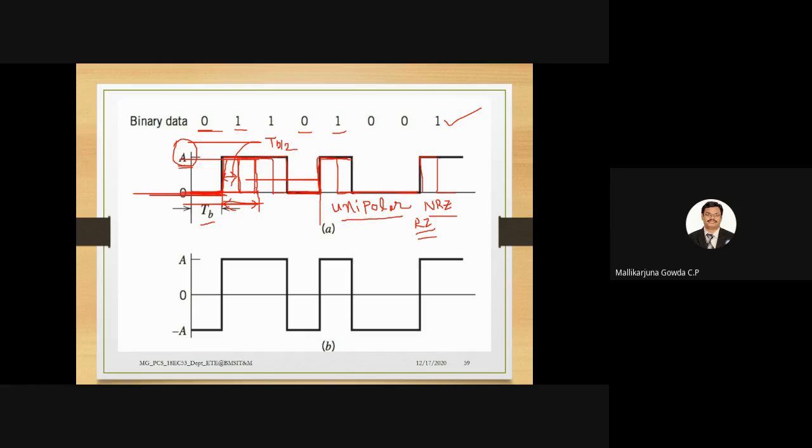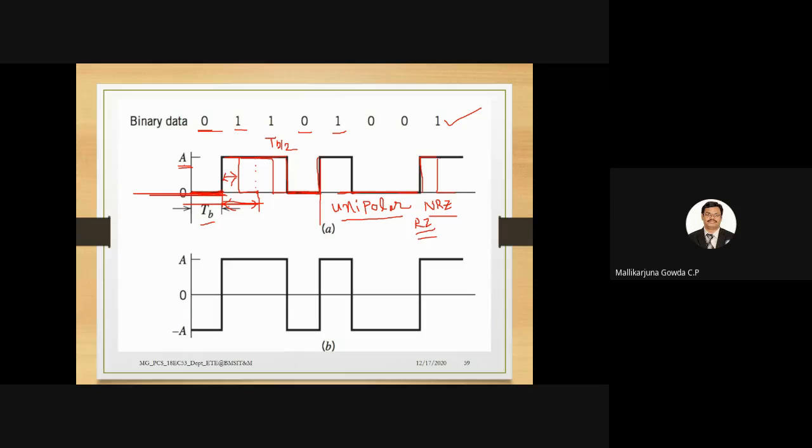The other half of the bit duration, it comes back to 0. That is why it is called return to 0. Is this clear? Yes, sir. Okay, thank you.